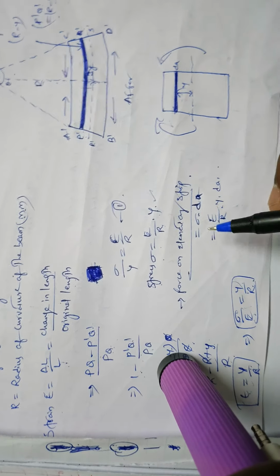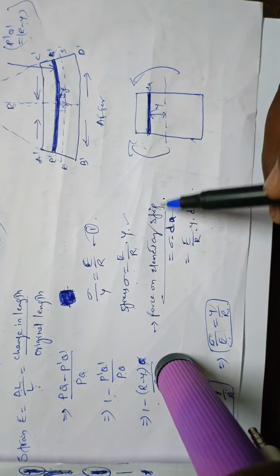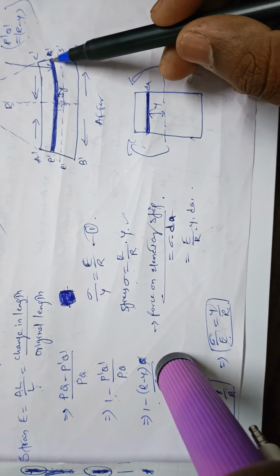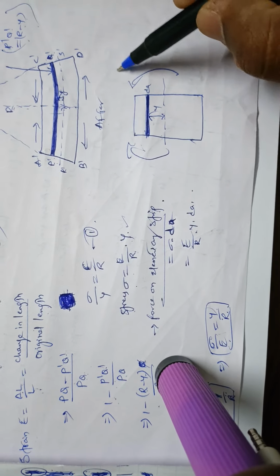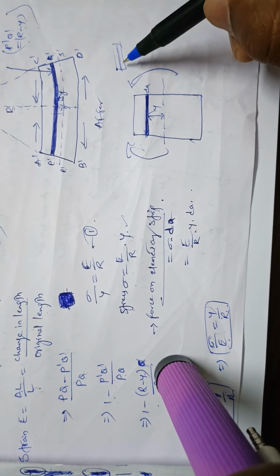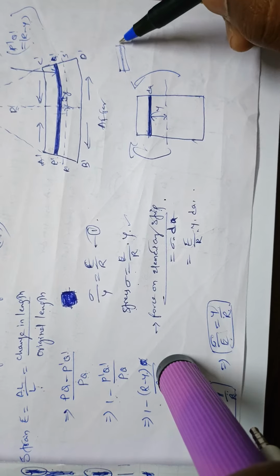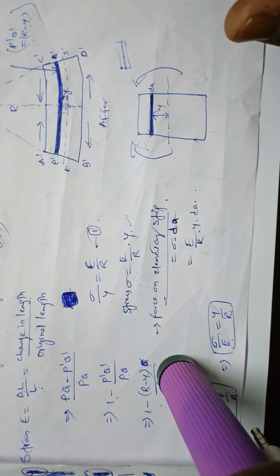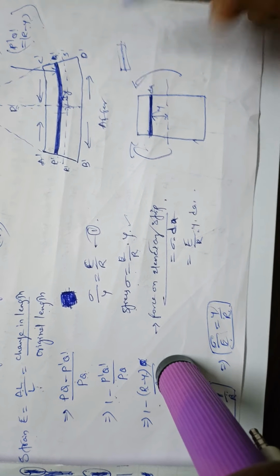Next we have to consider the force on an elementary strip. Strip means the thickness in the beam, whatever the thickness that will be changed. That means the movement in the length is called the strip, and we can also call it area. How much the strip length is moving, the width or length, that is known as area.